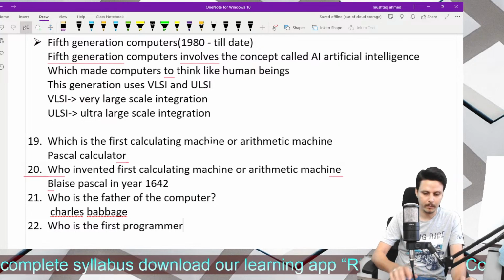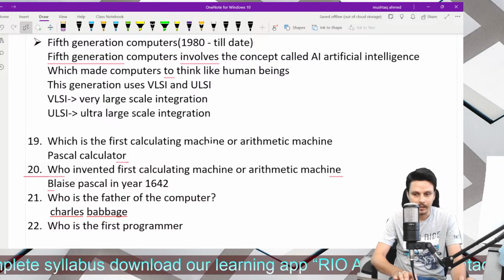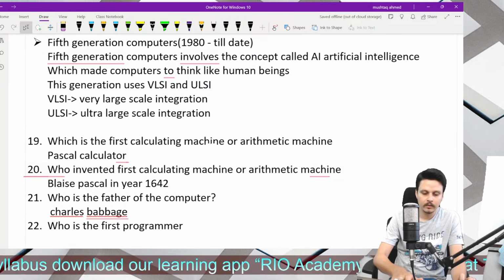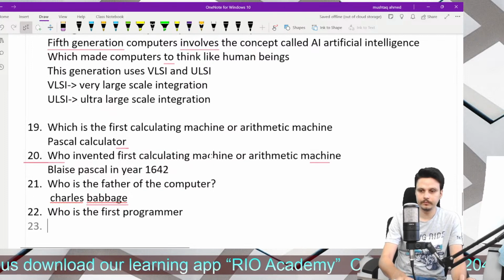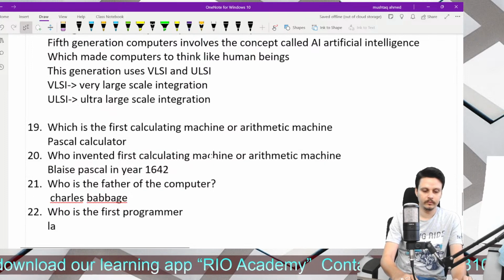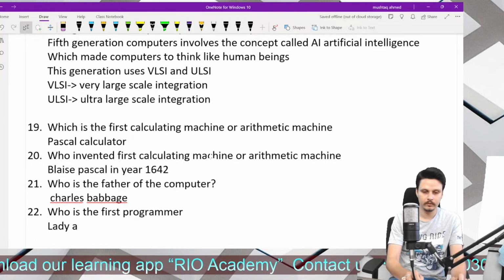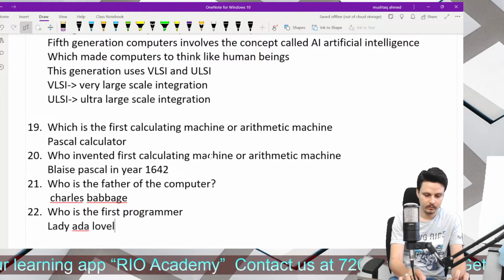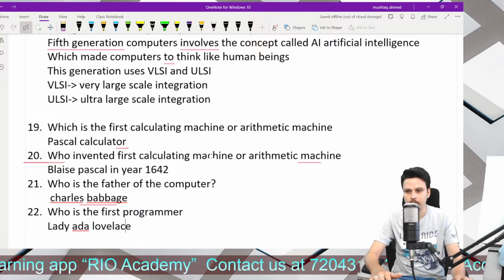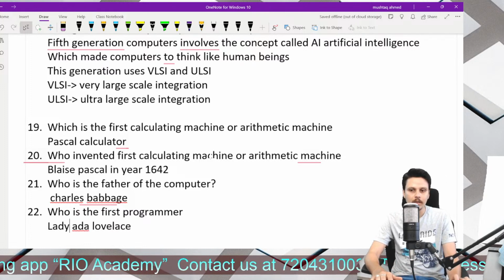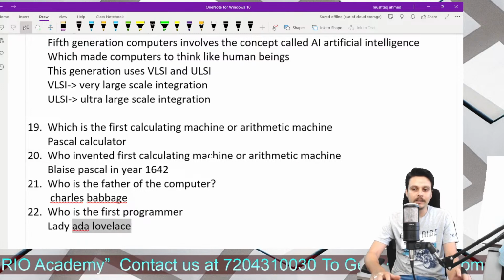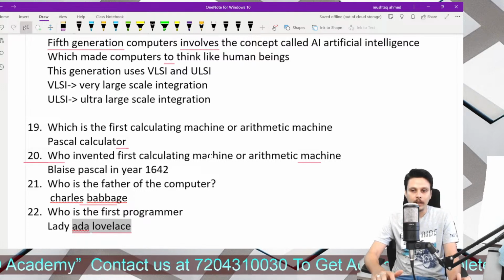It is Lady Ada Lovelace. Who is the first programmer? She's the lady, Ada Lovelace.